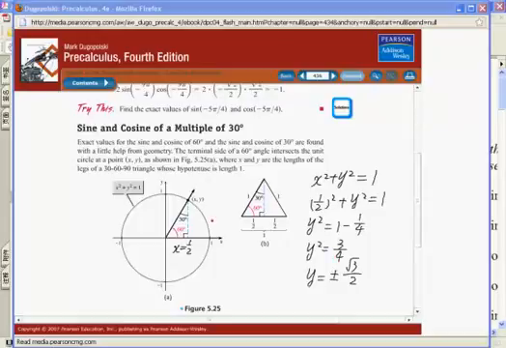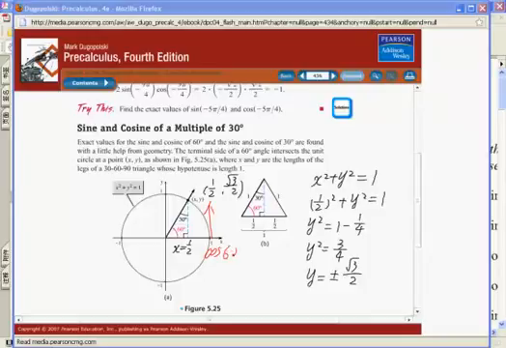So that means the point of intersection of the terminal side of the angle of 60 degrees is (1/2, root 3 over 2). So by now, we can get the cosine of 60 degrees and the sine of 60 degrees.